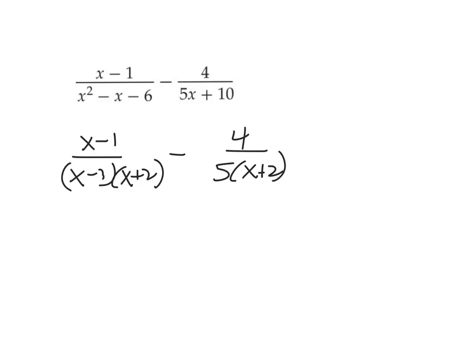So it's going to have to contain an x minus 3. It's going to have to contain an x plus 2. Does it need to contain two x plus 2s or just one x plus 2? At most, all I need is one, okay? Because each denominator at most only has one x plus 2. And then it also has to contain a 5.